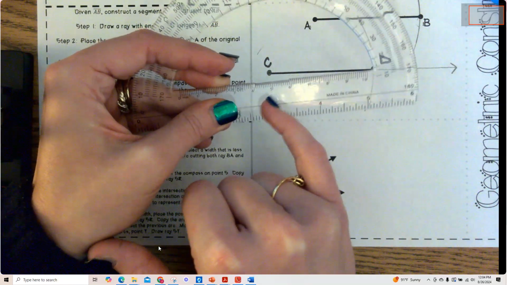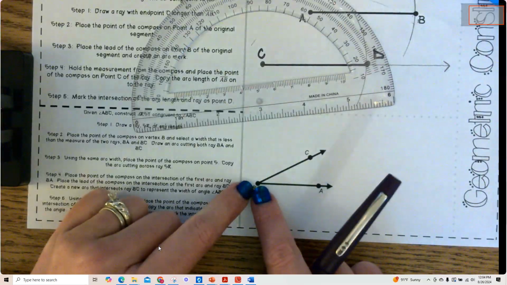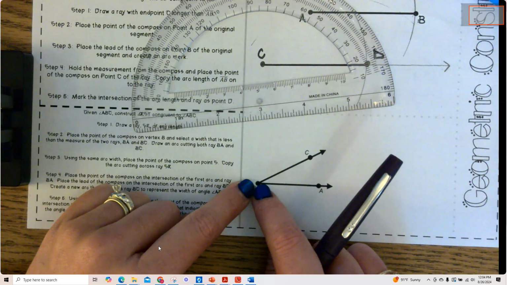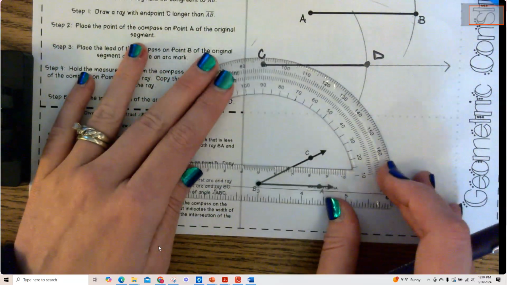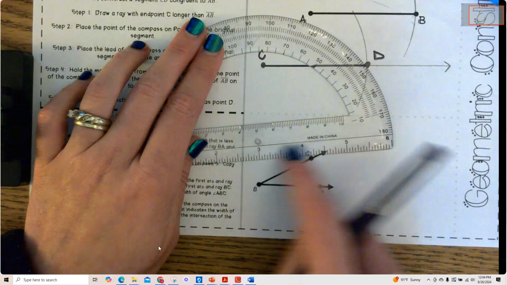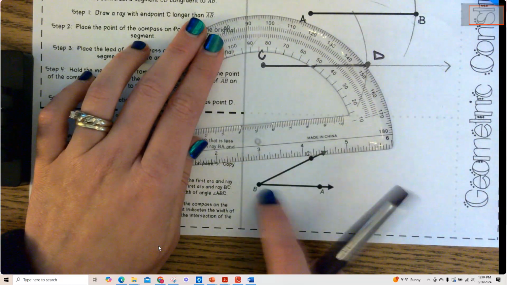So the little dot, the little opening that you see, you stick that on the vertex. The vertex is like the point of the angle. So that little dot goes on the vertex, but it's this line at the bottom is what you're wanting to line up. This line you want to line up with the bottom edge.